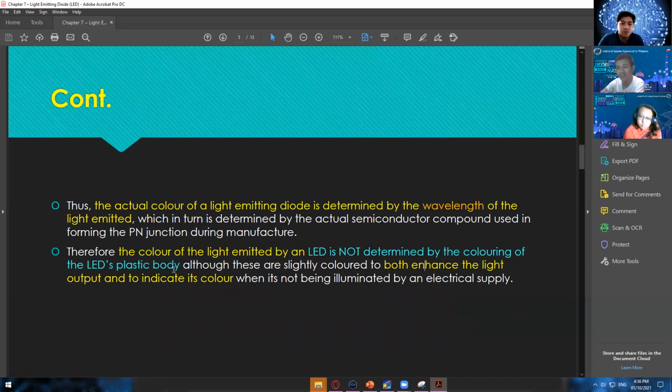Kasi parang yun yung tingin natin, okay, nakaberan lang ng plastic. Yun yung nagpo-produce ng kulay itself. Though, these are slightly colored to both enhance the light output and to indicate its color. Okay. Kapag patay siya syempre kasi hindi naman natin makikita yung kulay kapag transparent lahat. So just to indicate that this one is red, okay, this one is blue, and so on and so forth. And at the same time, to enhance the color that it will produce. Okay.